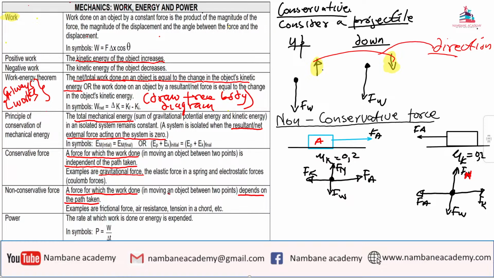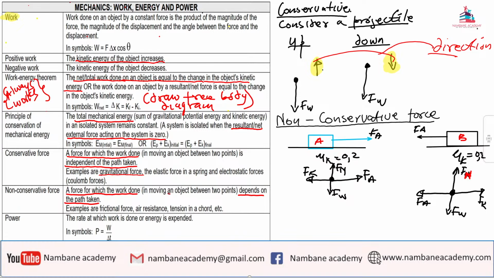For block B now, if I change the direction of the force applied, the frictional force is also changing its direction. So frictional force depends on the direction of the object. If the object is moving to the right, frictional force is moving to the left. If the object is moving to the left, frictional force is moving to the right.